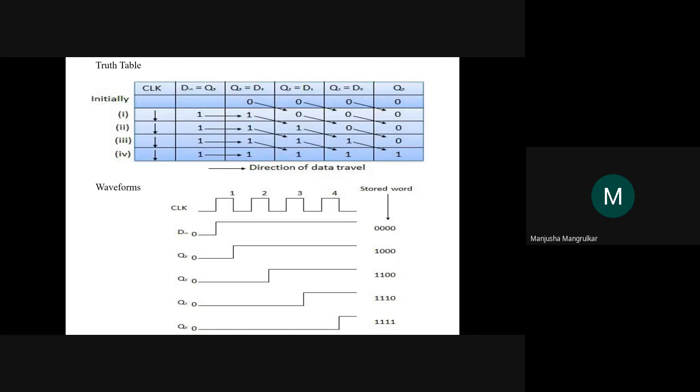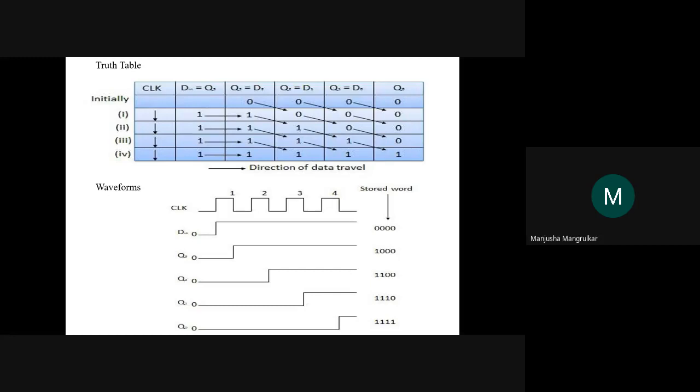Now, for one clock pulse, when your data is high, meaning you are sending a 1, Q3 will go high, but at this clock pulse the rest, Q2, Q1 and Q0, will be 0.